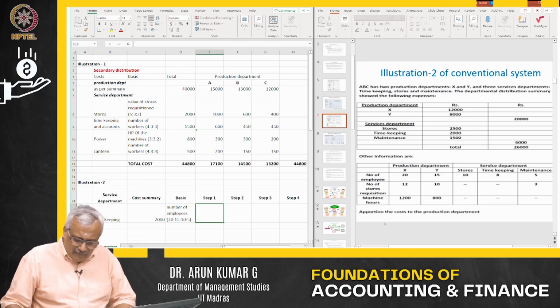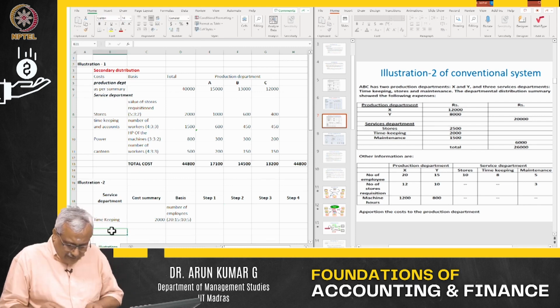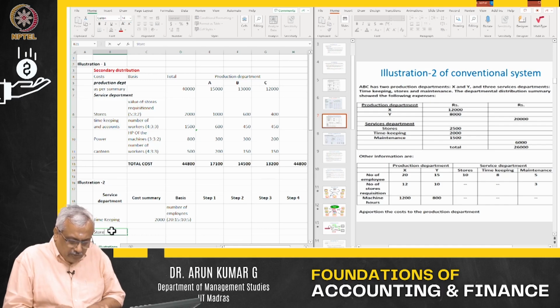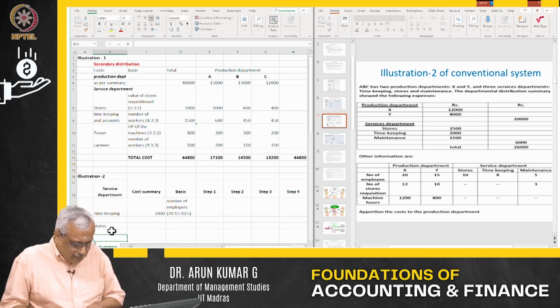So, when I am allocating here, I will say step 1 in this particular case is I am just going to allocate it. So, let me write down the other service departments. The next service department is stores, as we can see, and the third service department I am going to write about is maintenance.